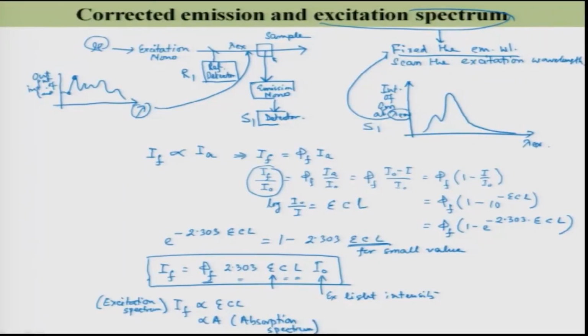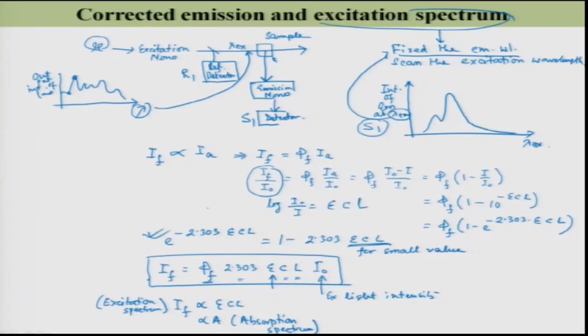So, what I was telling here: if I now plot this S1 emission intensity against lambda excitation, these spectra will be the same as absorption spectra, provided two things. I have taken the concentration to be low, if not, then I will not be able to write this.